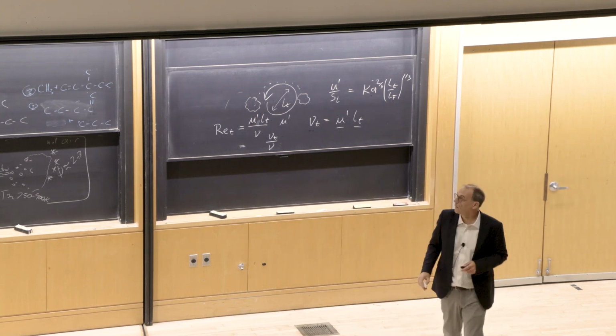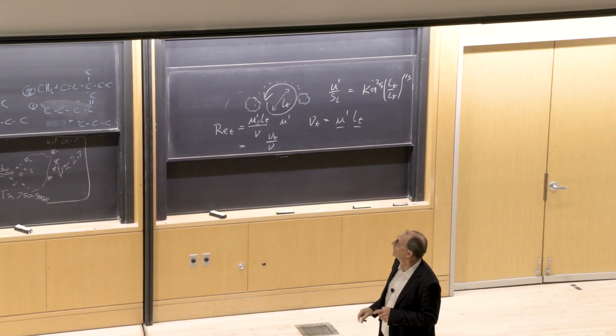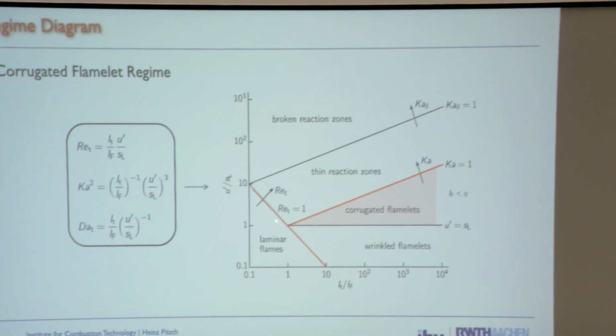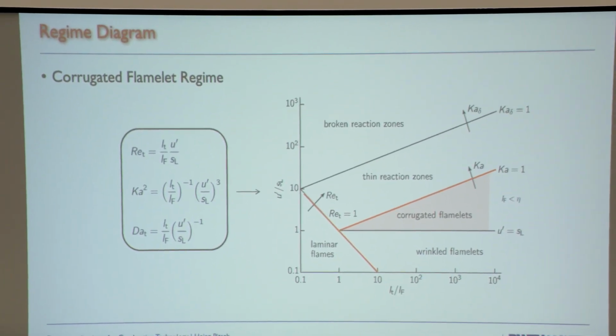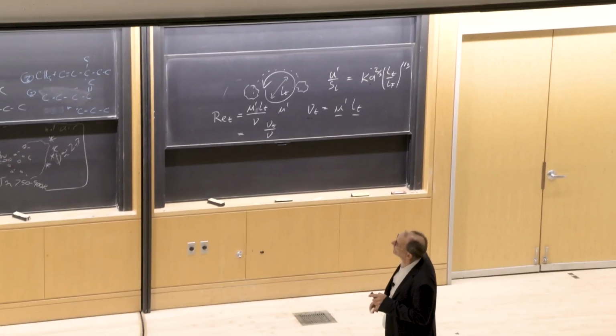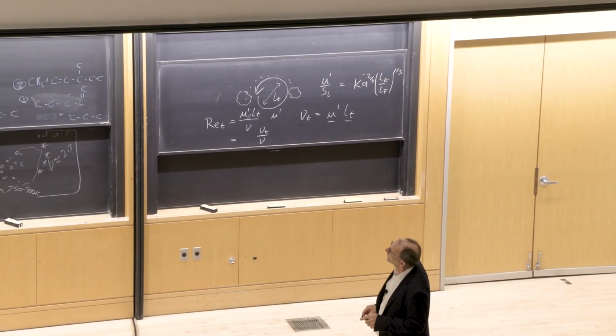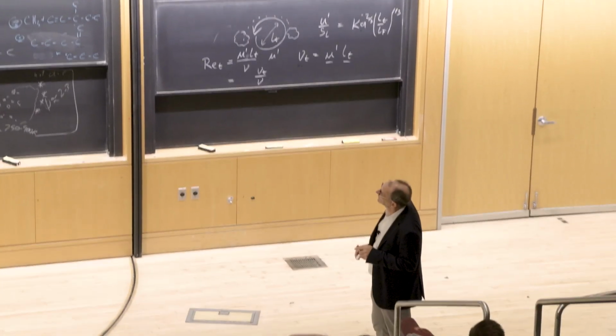Now we set the Karlowitz number equal to 1. That means again it needs to go through the 1, 1 point, and then it is a line that has a slope of 1/3. So that's that line.